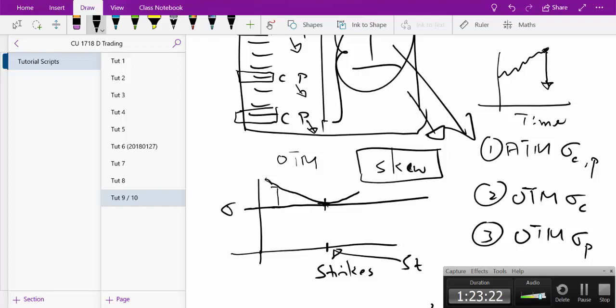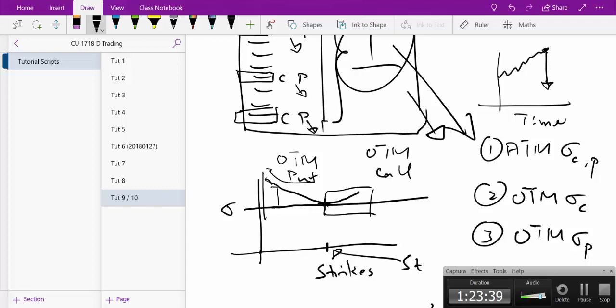So this is out of the money put vol, and on the other side is out of the money call vol. Please remember, when you see the option skews, this is what we are referring to, and you can see that also in Bloomberg.